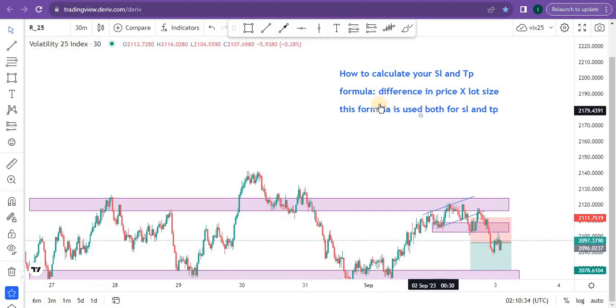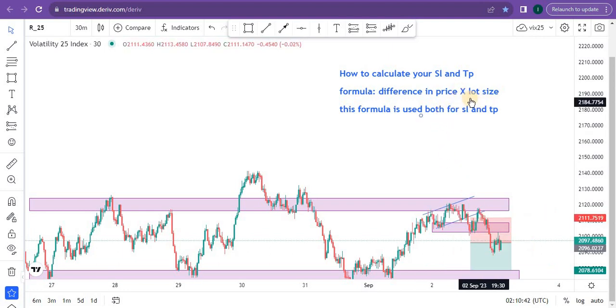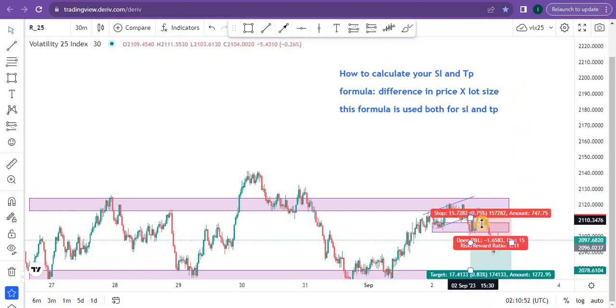Your difference in price, 15.7282, is going to go with your lot size. So the difference in price multiplied by what? By your lot size. Whatever answer you have is what you are expected to lose when the market touches this particular SL you have set. Do you get it now?